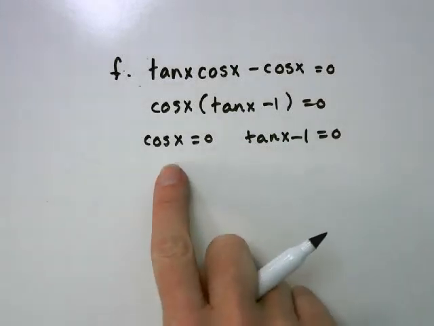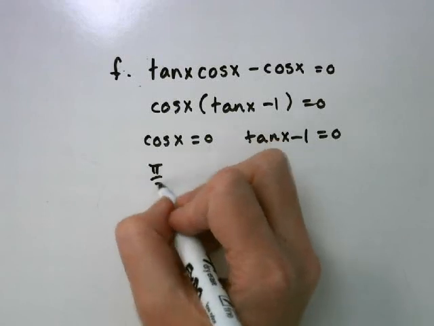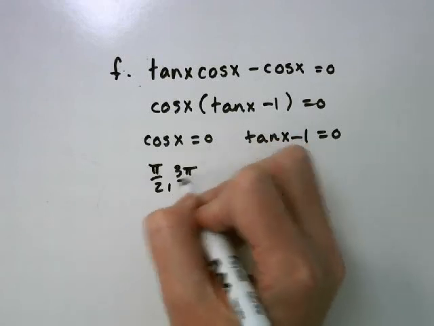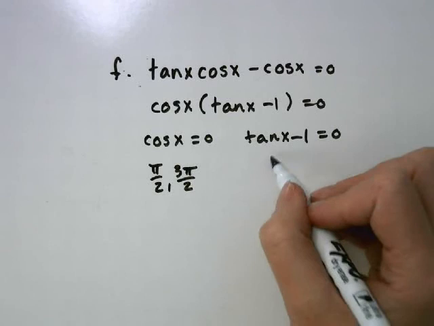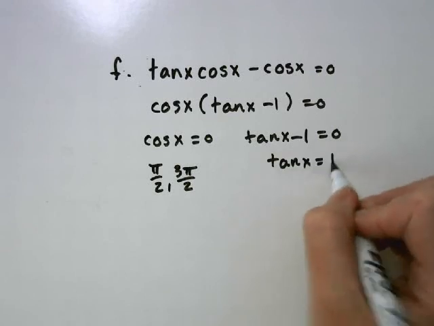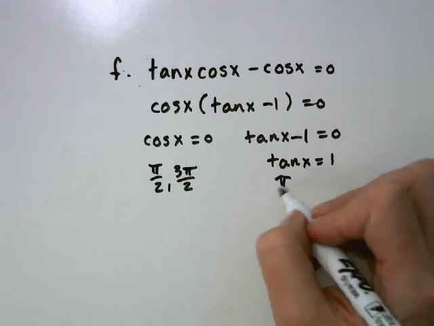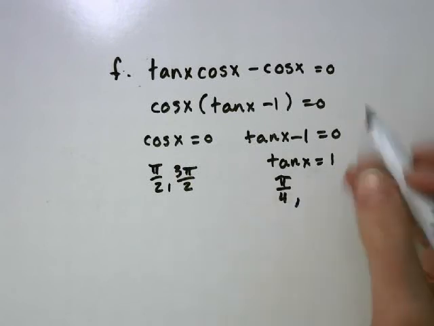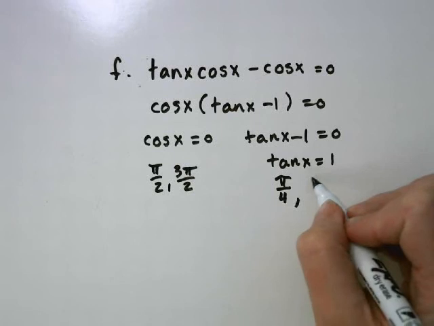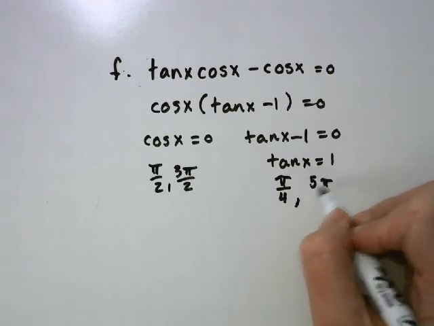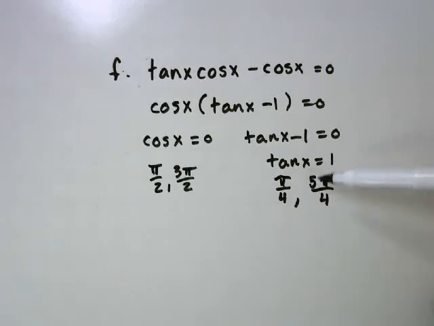Okay, cosine is going to be 0 at pi over 2 and 3 pi over 2. Tangent of x is going to equal 1 at pi over 4, and then in the third quadrant at 5 pi over 4. Those are the two locations where the x and y are the same.